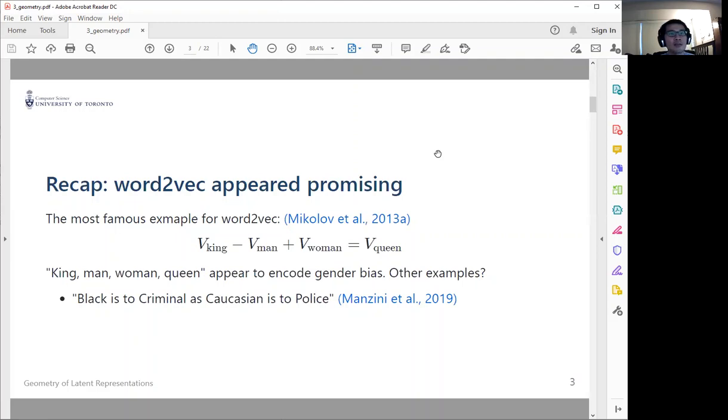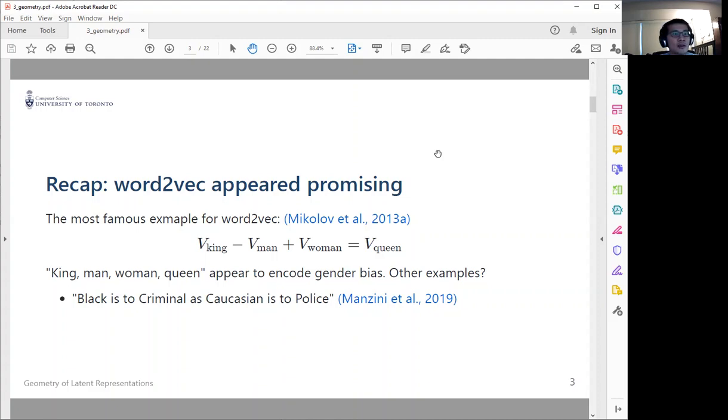And later, people found that this analogy contained some gender bias, because the linear analogy offers a way to poke at the word embeddings and see whether they prefer king or queen, given the gender to be men or women.